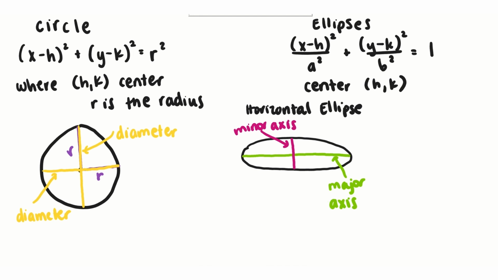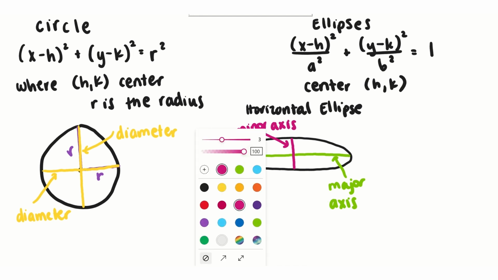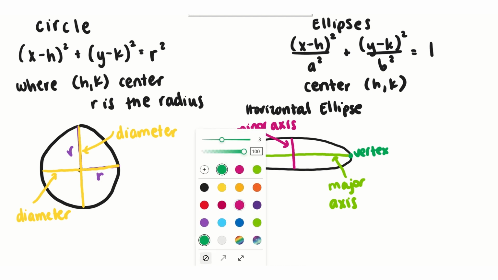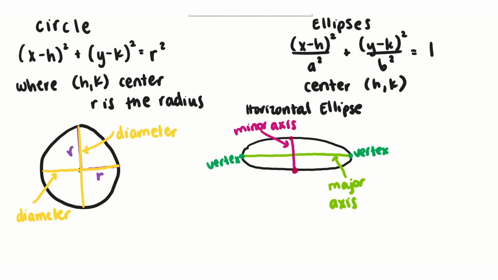The vertices will be the endpoints that are on the major axis, so this will be one vertex, and this will be another vertex. And then the co-vertices will be the endpoints that are on the minor axis.